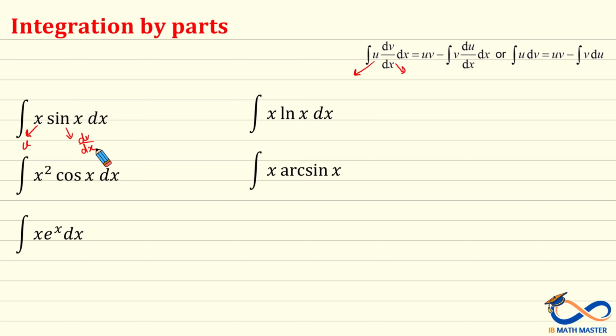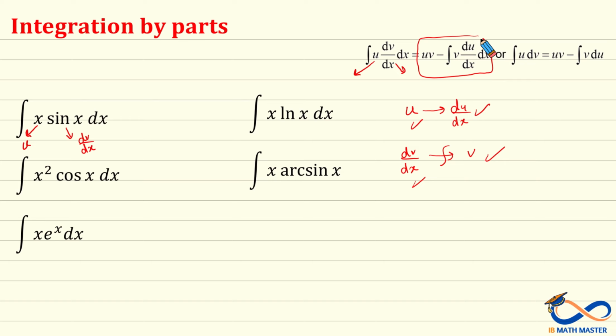And then, after we assume the u substitution, we find du over dx by differentiating. And also, after we assume dv over dx, we integrate it to find v. Because we need to replace all of these in this formula as you see here.